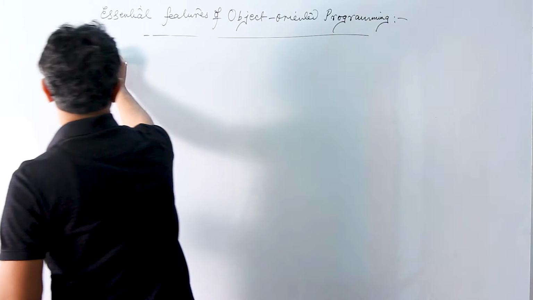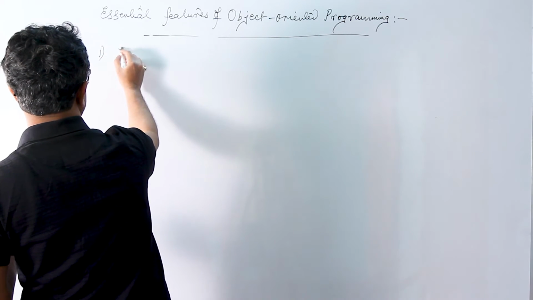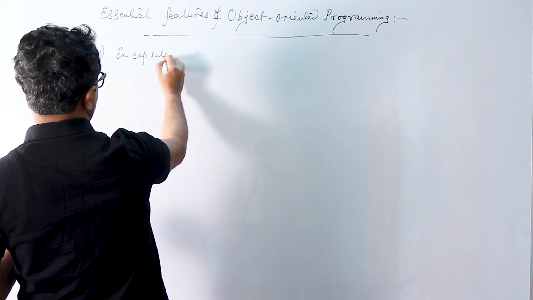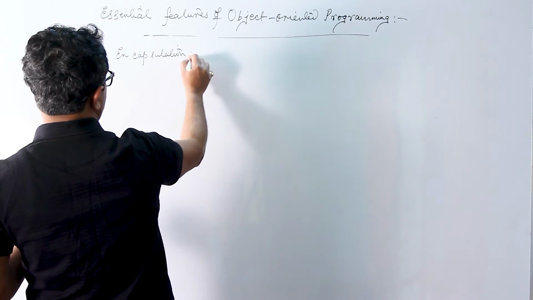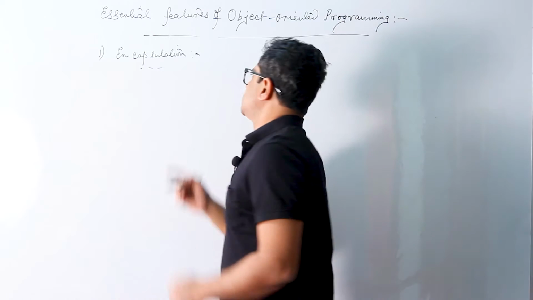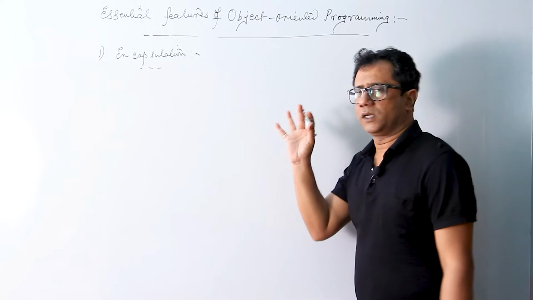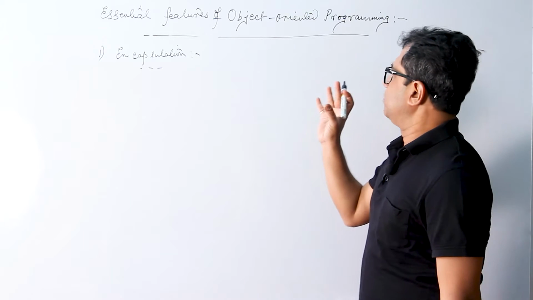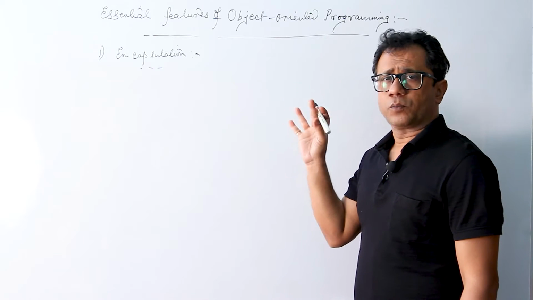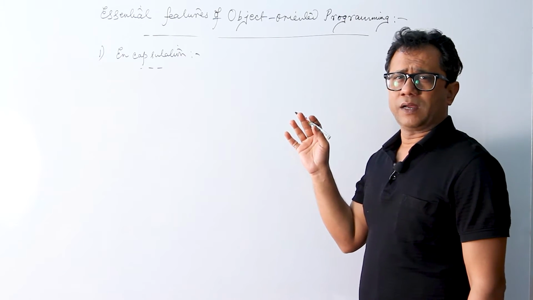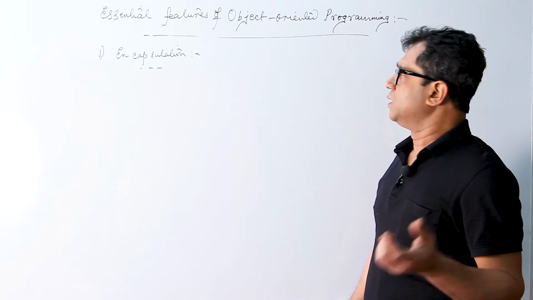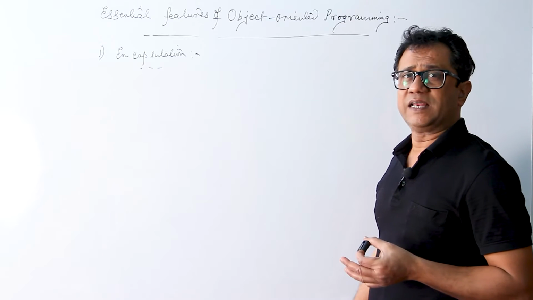Let me write down the number one feature, that is encapsulation. These essential features of object-oriented programming help us to differentiate this paradigm from procedure-oriented programming, an example of which is programming in C language.